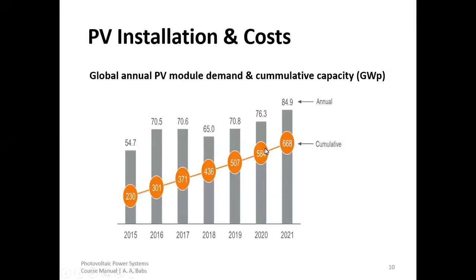What you can see here for 2020, these are projections. For 2019, we already have the installed capacity, which was not up to 507, by the way. But the projections made, at the time we got this information in 2018, would have been 507 gigawatt in 2019, 584 by the end of 2020, and then by the end of 2021, we will have approximately 670.